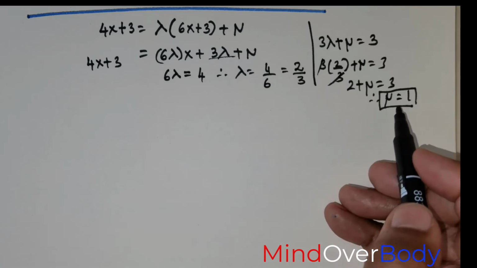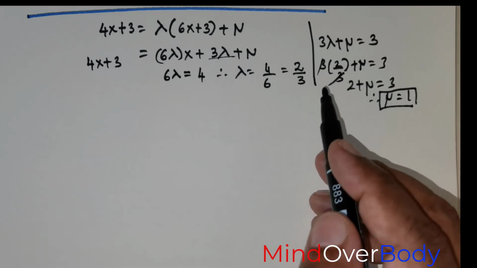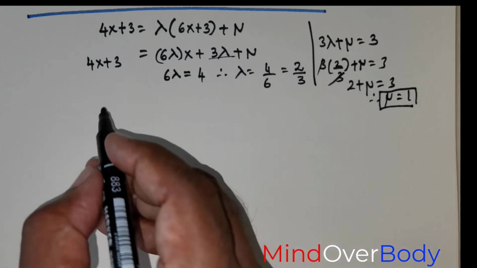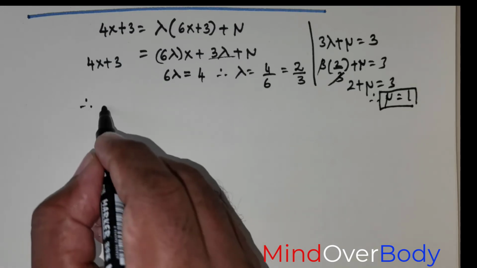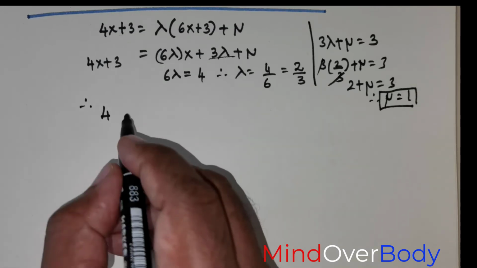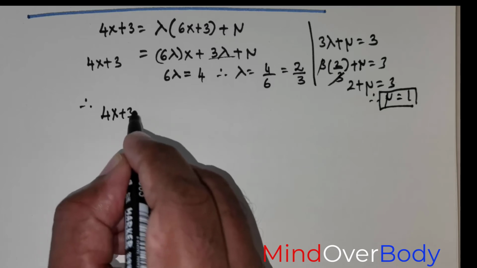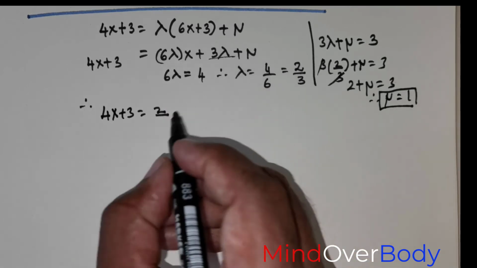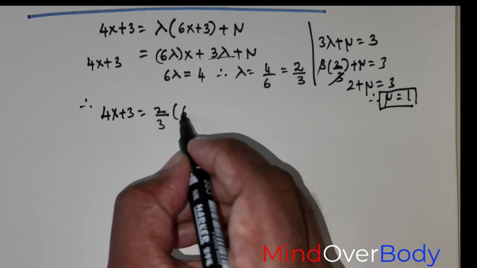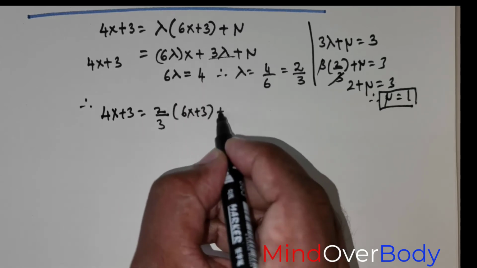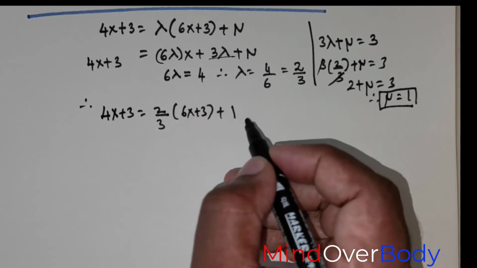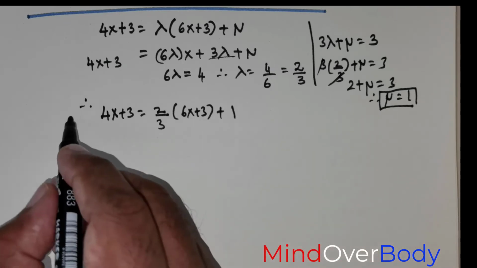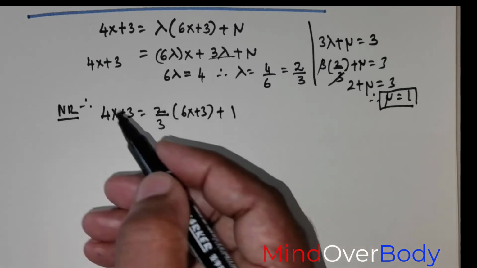So I've got the value of mu, I've got the value for lambda. So therefore the numerator, which is 4x + 3, is rewritten as lambda times (6x + 3 + mu), with mu being 1. So this is how we need to rewrite the numerator.